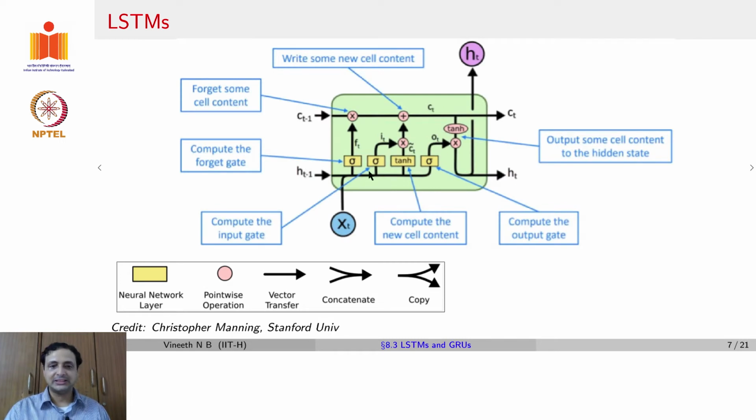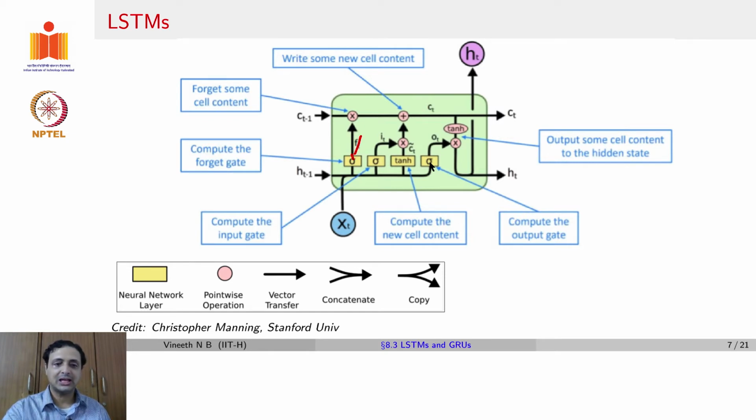So in this case, you can see that you have 4 different layers denoted by these 4 yellow blocks. One of them is known as a forget gate, which decides to forget some cell content coming from the previous state. Another of them is known as an input gate, and that's why you see a sigmoid activation function here given by sigma.